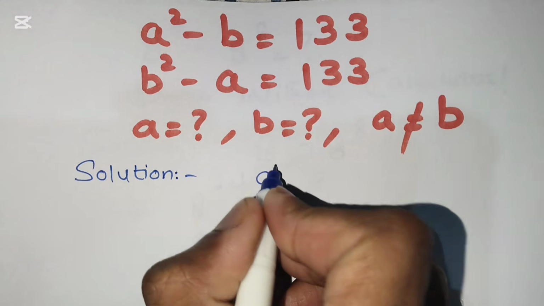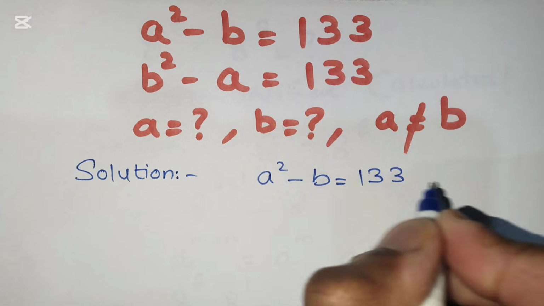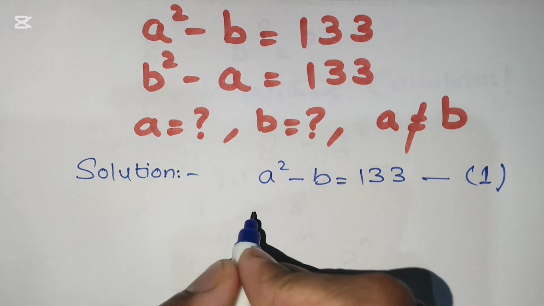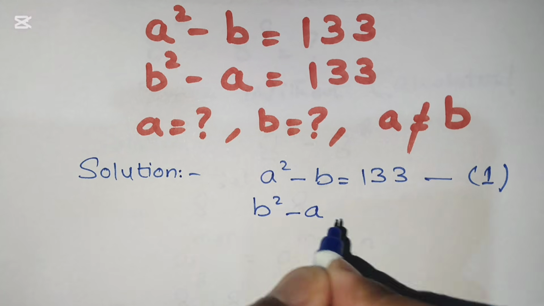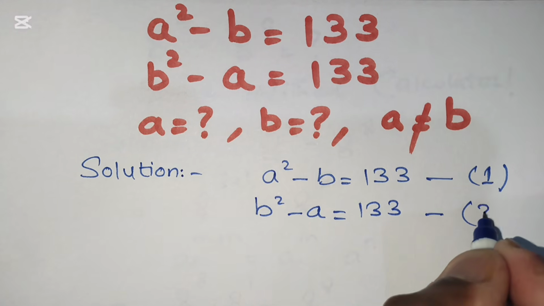We will mark the first equation, a² − b = 133, as the first equation, and this, b² − a = 133, as the second equation.